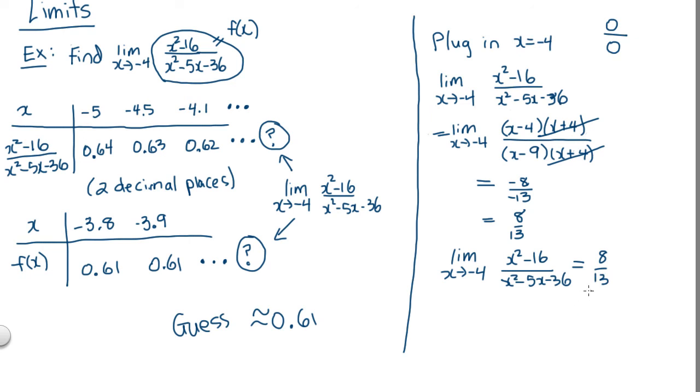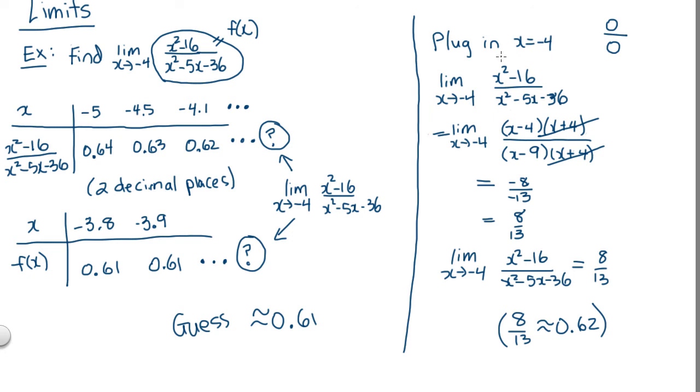And if we wanted to compare this to our guess from before, you can check using your calculator. 8 over 13 gives a value of about 0.62. So just to recap, we use this chart method here just to understand what exactly a limit is, to give us a rough guess for what the answer would be, but the actual calculation happens over on this side.